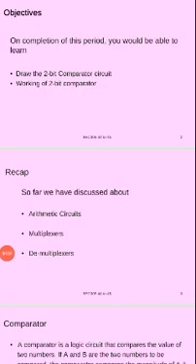Good afternoon. In the last class, we discussed the encoder.